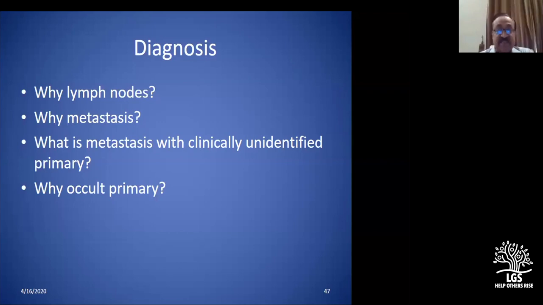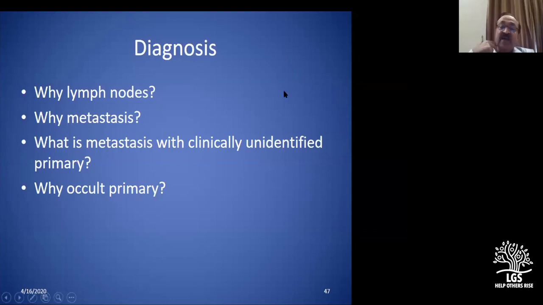So what is metastasis with a clinically unidentified primary, and what is occult primary? Occult primary is after the investigations which are done, sir, while clinically unidentified primary is by the examination. So in the examination, you may find 3 types of cases.